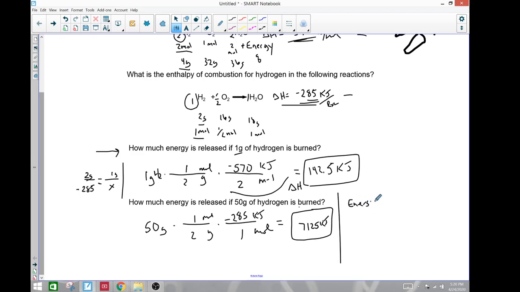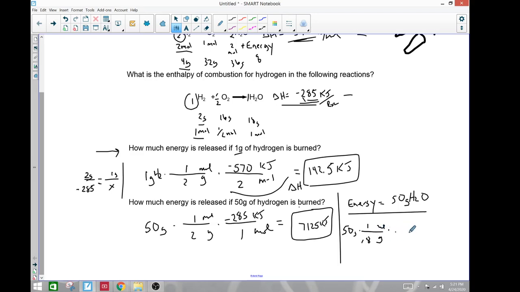I also could do something like this, where how much energy would be released if I were to produce 50 grams of water? Same exact scenario here. I made 50 grams of water. How much energy also got produced? Well, for every 1 mole of water that's produced, 285 kilojoules of energy is also produced. So I would just do it this way. 50 grams, get rid of grams, go to moles. 1 mole is 18 grams.